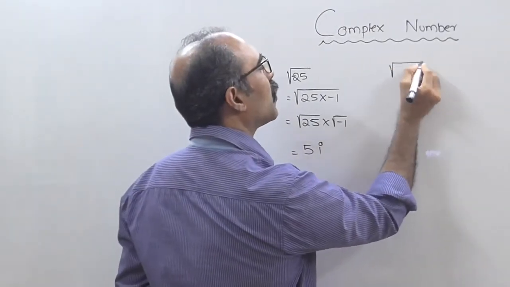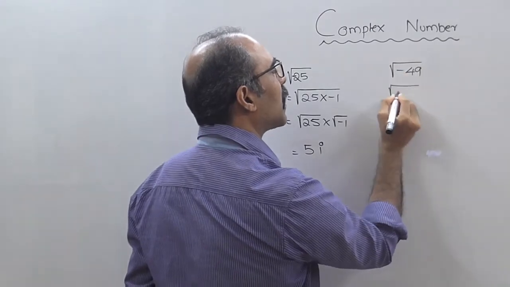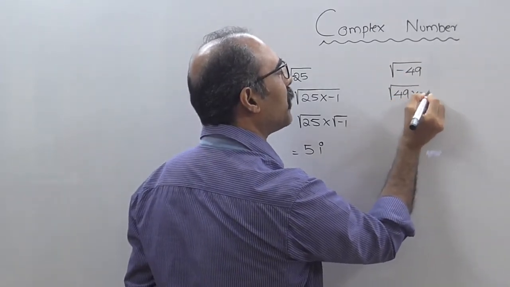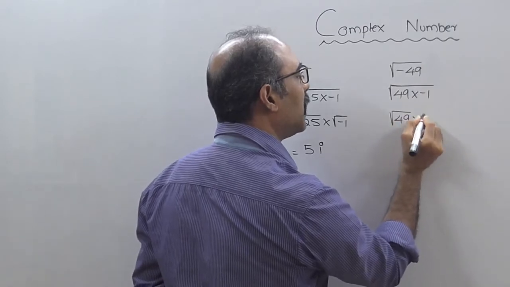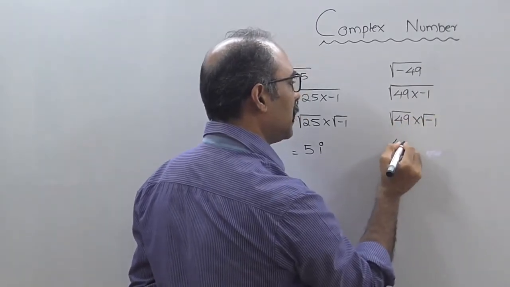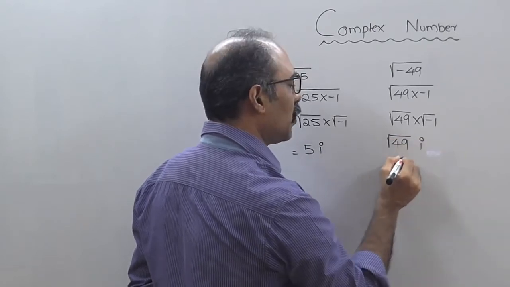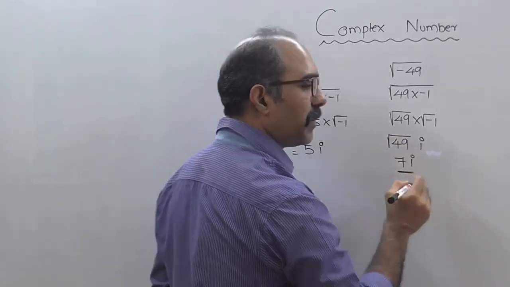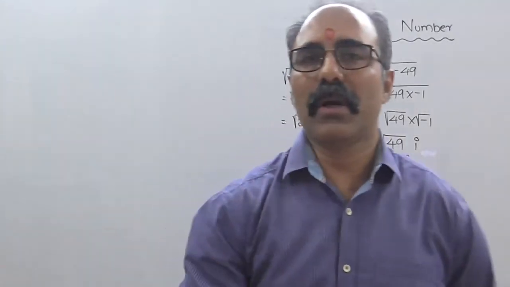Another example, suppose you got root of minus 49. How will you write this? You write this as root of 49 multiplied by minus 1, that is equal to root of 49 multiplied by root of minus 1, that is root of 49, which is 7, and root of minus 1 is i. The answer will be equal to 7i. And i is called an iota, you can Google it up and check.